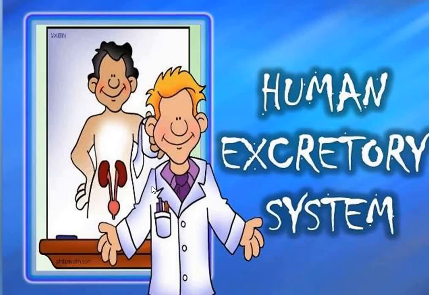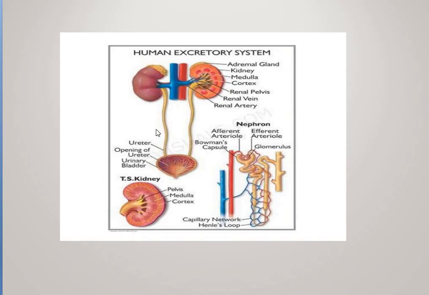Now let us proceed to the next slide, where we are going to talk about the human excretory system. In the human excretory system, we need to talk about the kidneys, because the kidneys are the main excretory organs in humans. So let us talk in brief about the structure of the kidney.